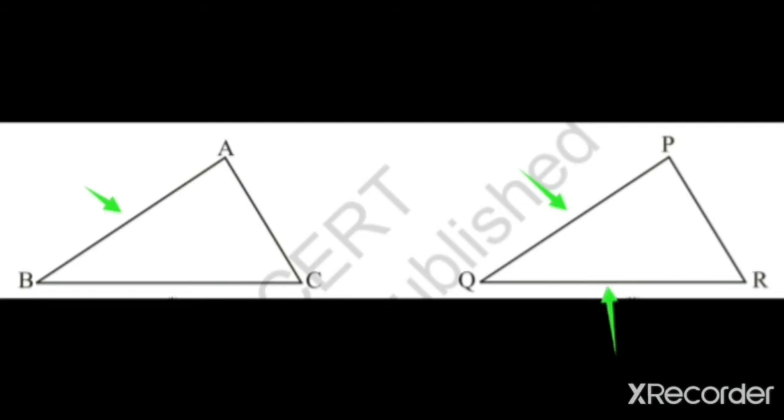Line segment QR falls along BC and PR falls along AC, line segment AC. In this way, these two triangles are congruent.